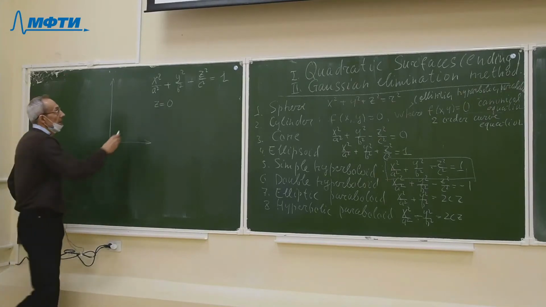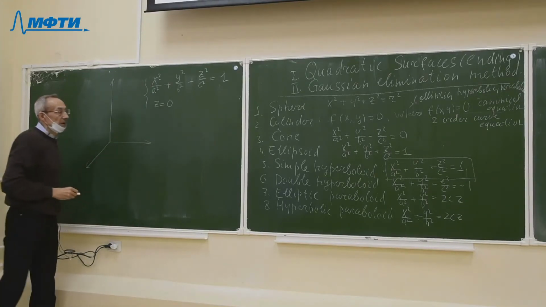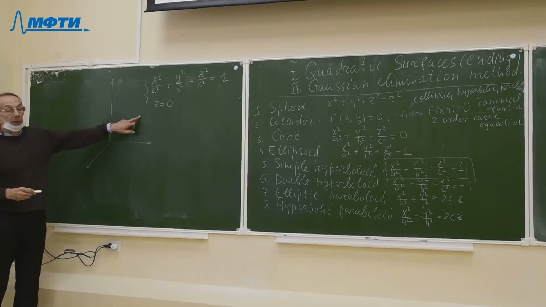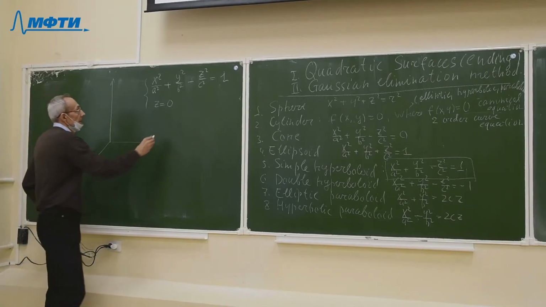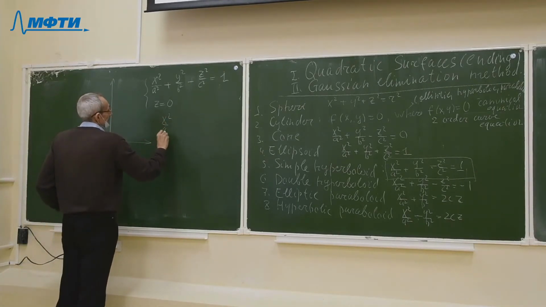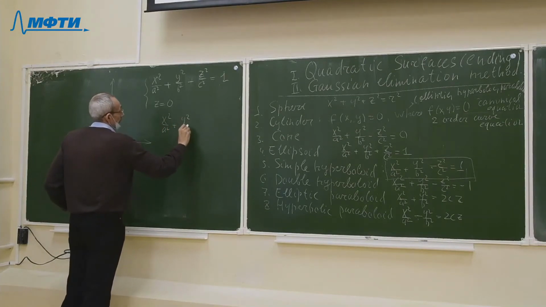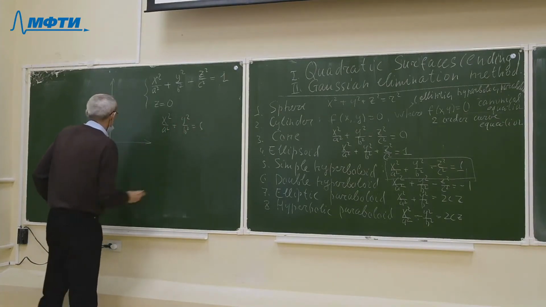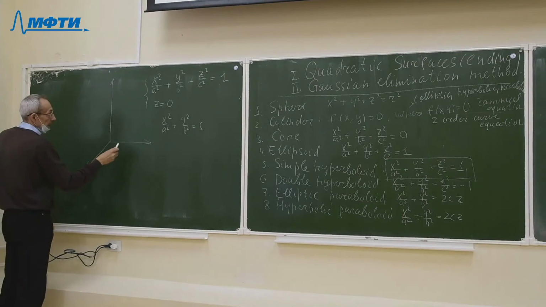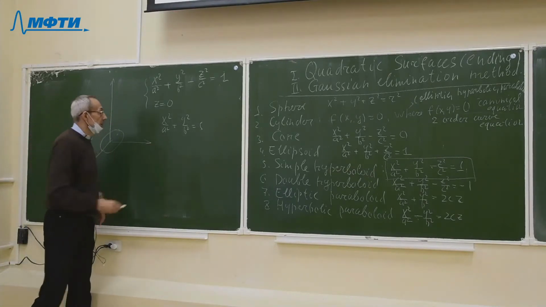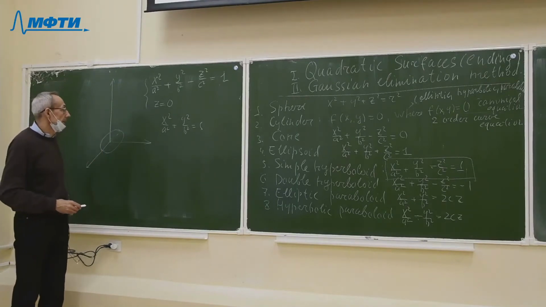Easy to see that in this case we obtain the equation of an ellipse, and we obtain the ellipse with parameters a and b.